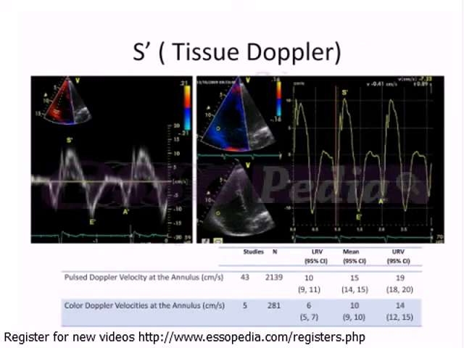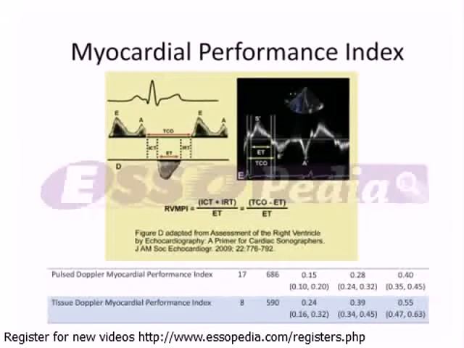The myocardial performance index, also known as the right-sided index of myocardial performance, or the Tei index, is a global estimate of both systolic and diastolic function of the right ventricle. It's based on the relationship between ejection and non-ejection work of the heart, and it can be done, again, by pulsed Doppler of the tricuspid inflow and tricuspid regurgitant jet, or the time between the A wave and the E wave, or it can also be done on a single heartbeat by pulsed tissue Doppler.